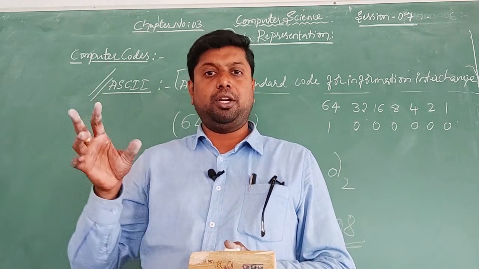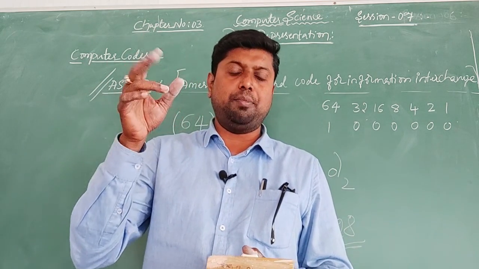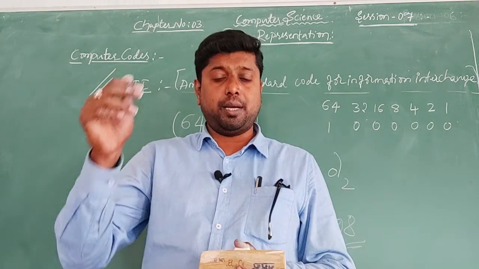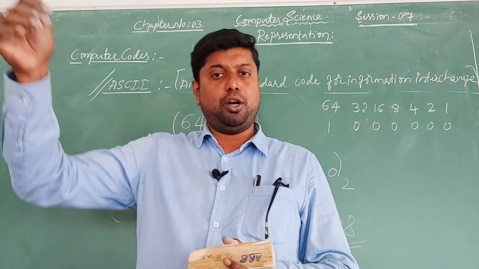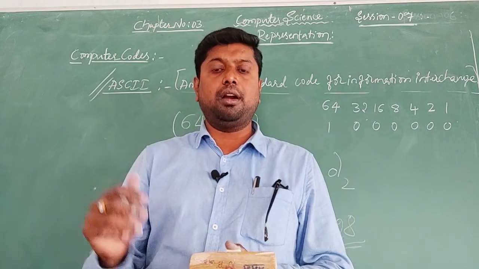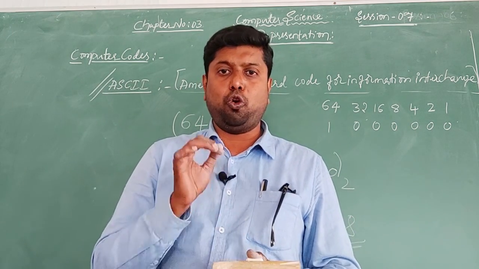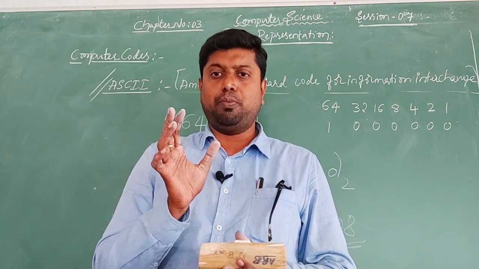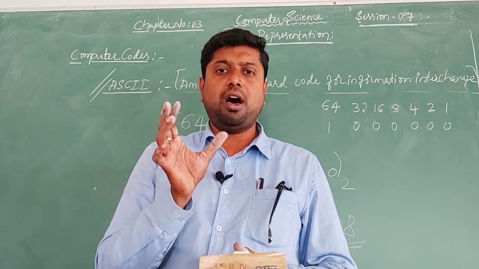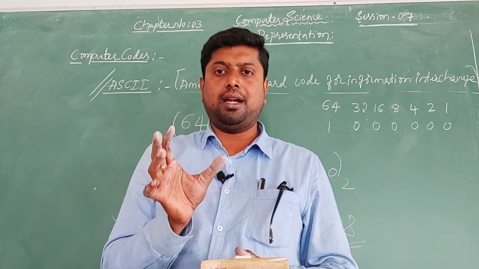And coming to binary arithmetic, binary addition and binary subtraction by using 1's complement and 2's complement, and after that we learned the computer codes, a very important concept. So by this topic we are concluding the chapter data representation.